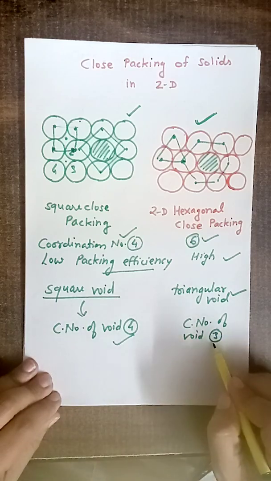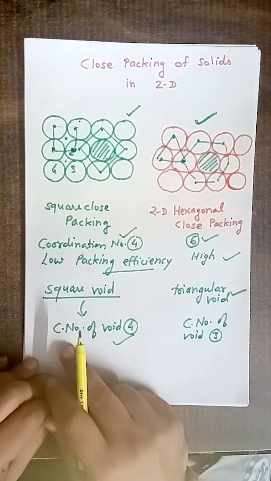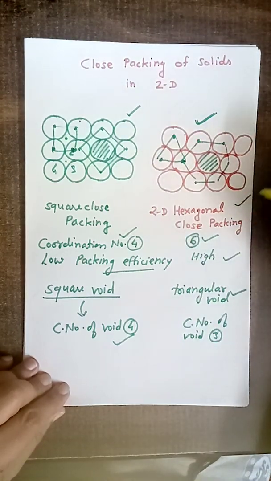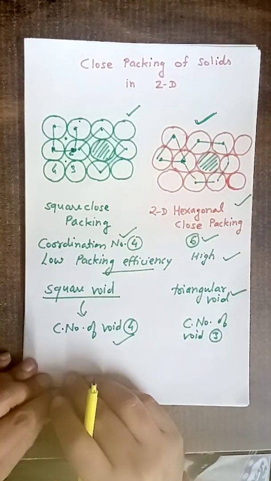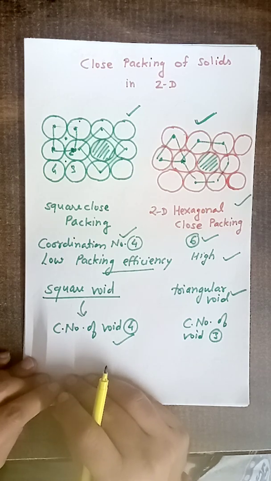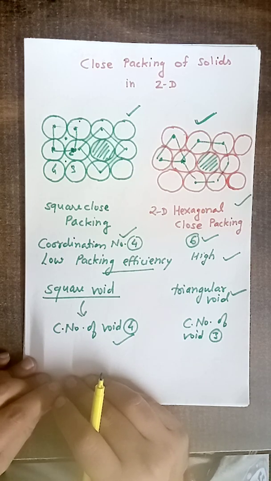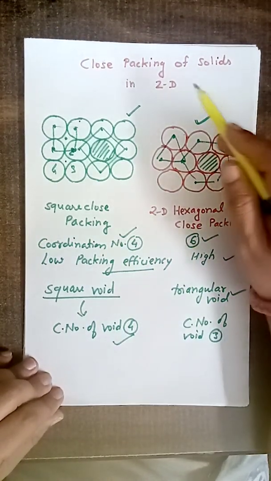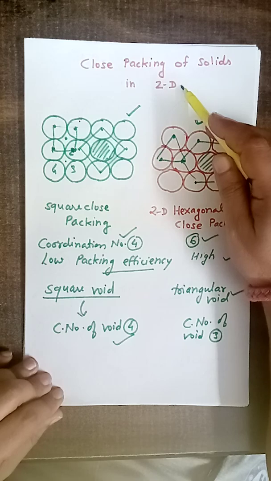So the coordination number of the void is 3 here, and 4 here. Out of these two, the two-dimensional hexagonal close packing structure is more stable because of the higher coordination number as well as comparatively higher packing efficiency.